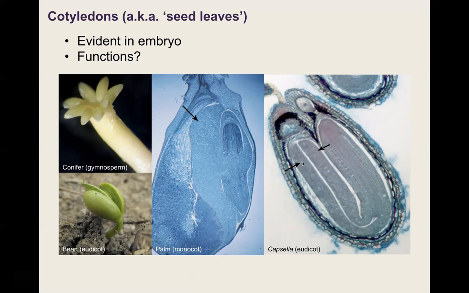So two here, a little bit harder to tell in the monocots, but there is technically one of these seed leaves, one cotyledon. So if you germinate these, if you grow corn, first thing that comes out of your corn plot is a single leaf, right?